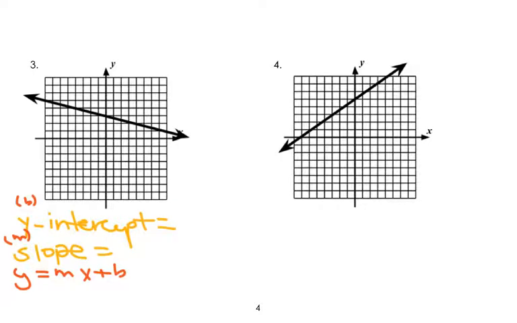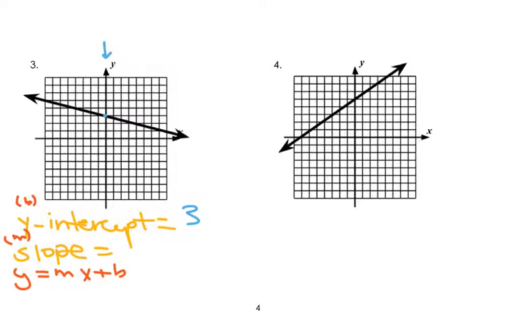Here, you want to start with your y-intercept. The y-intercept is where it crosses the y-axis. So if you're looking at the y-axis right here, where does the graph cross it? Well, it crosses it right there, and that point is (0, 3). So the y-intercept is 3.